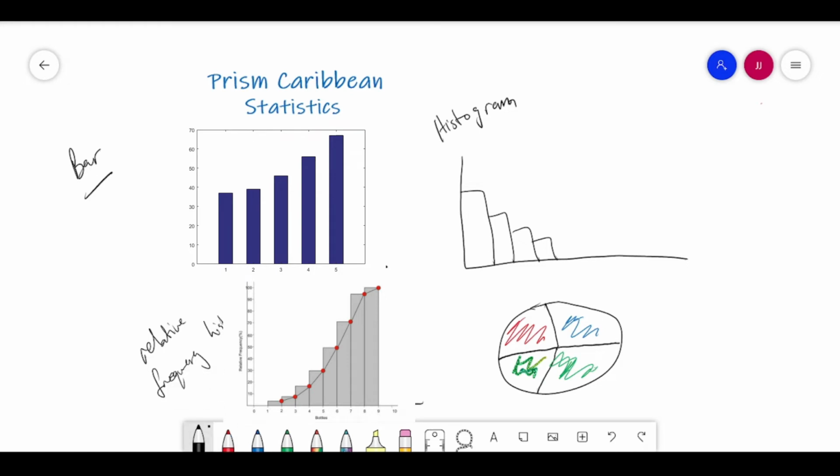Right, another chart that you need to learn is the line graph. This is the pie chart, and now this here is the line graph. It's a really nice graph to draw, and it's pretty simple. For the line graph, you have particular points on a graph, and instead of drawing a line of best fit, you simply join the points.